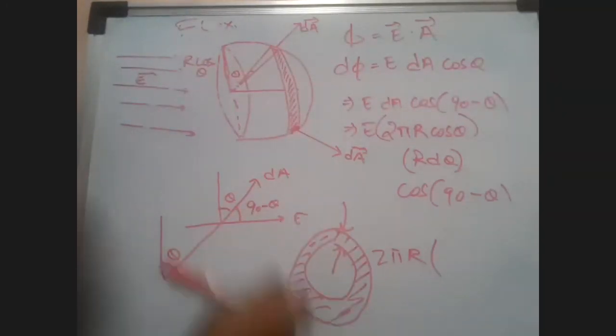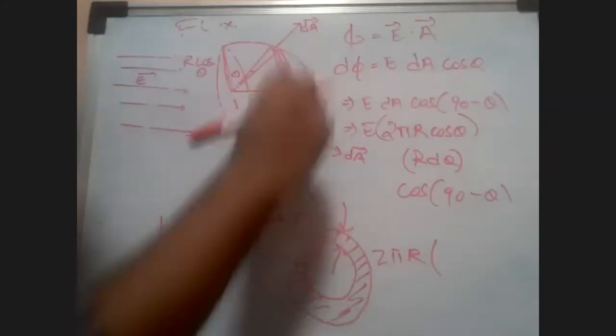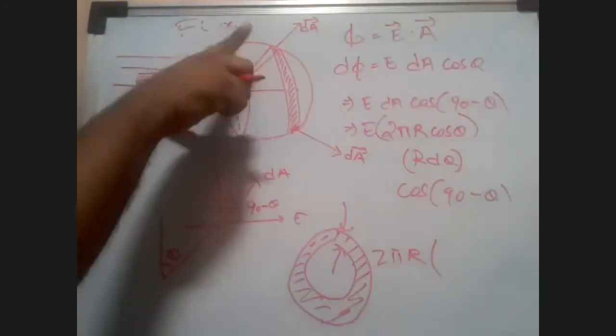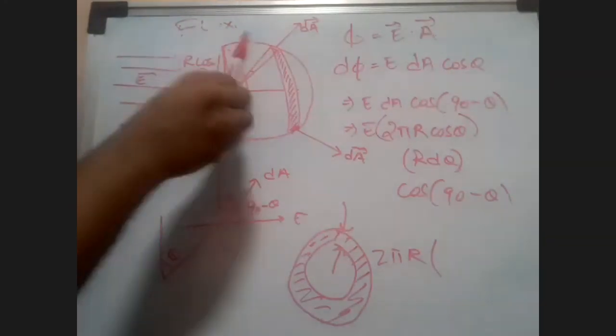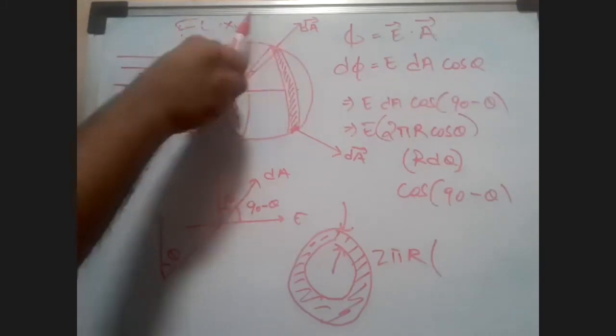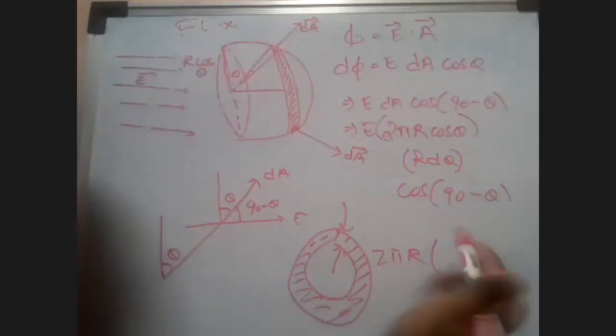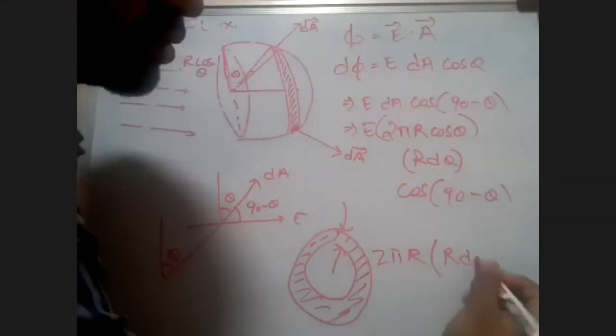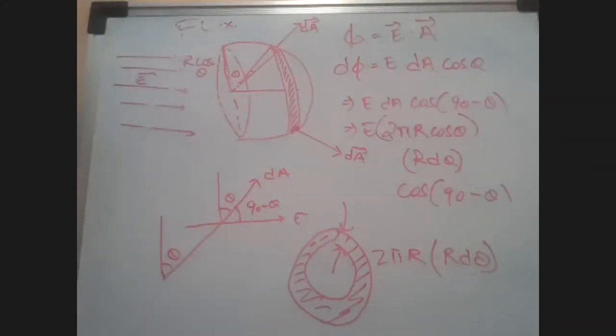Area is circumference into thickness. What is the thickness of the ring over here? It is r into d theta. We have taken d theta and we are going to vary it. So it will be 2 pi r into r d theta, circumference into thickness of the ring.